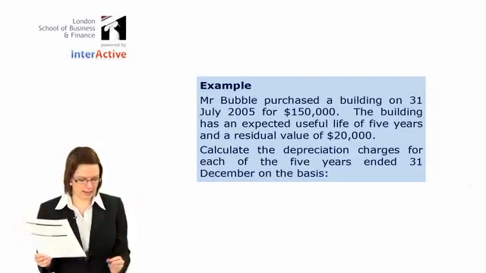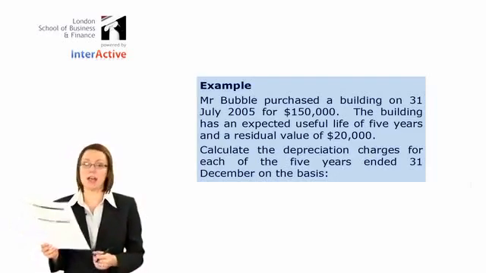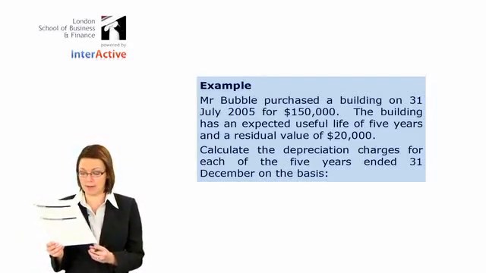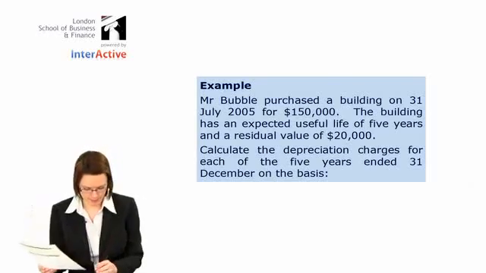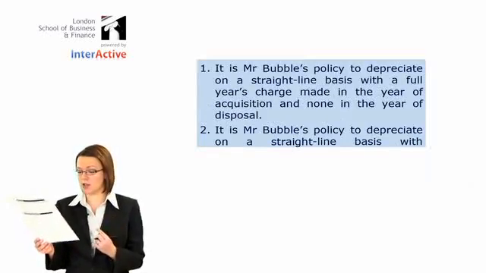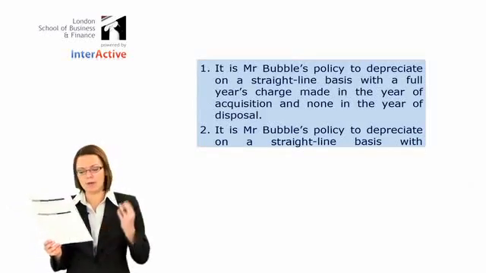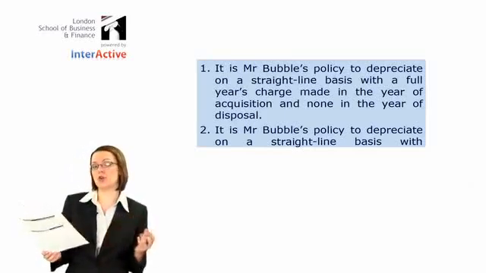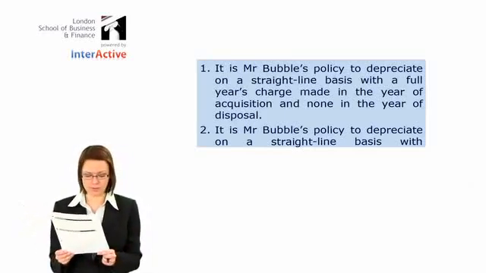It says calculate the depreciation charges for each of the 5 years ended the 31st of December on the basis that it is Mr. Bubble's policy to depreciate on a straight line basis with a full year's charge made in the year of acquisition and none in the year of disposal.